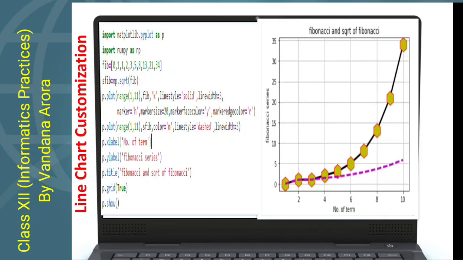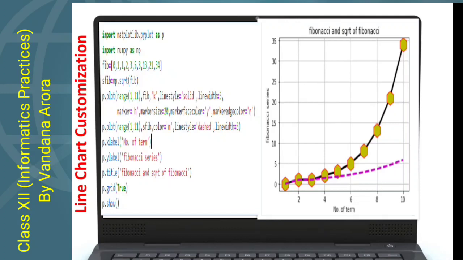You can see in this example I am drawing the chart of the first 10 terms of the Fibonacci series and square root of the first 10 terms of the series. Two line charts I am plotting here. You can see the code. Fib variable is for Fibonacci series and sfib for square root of the Fibonacci series.